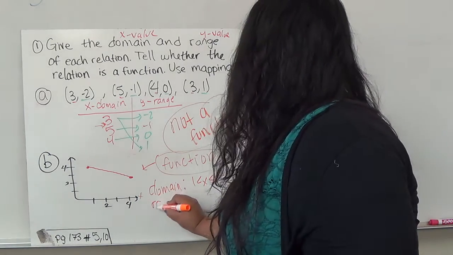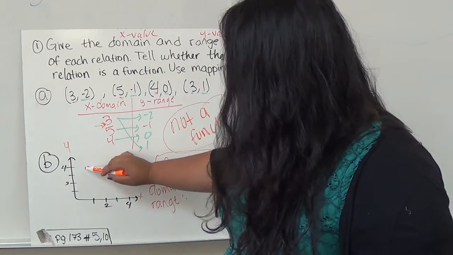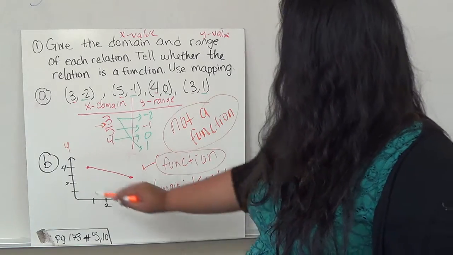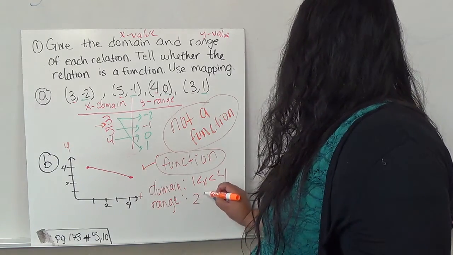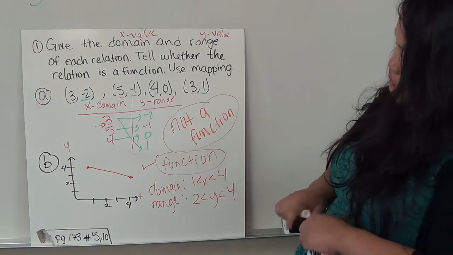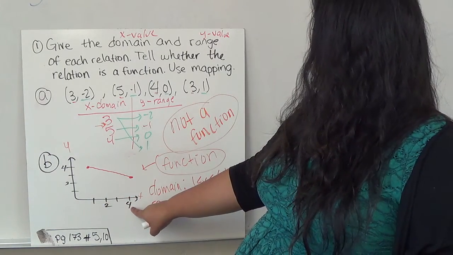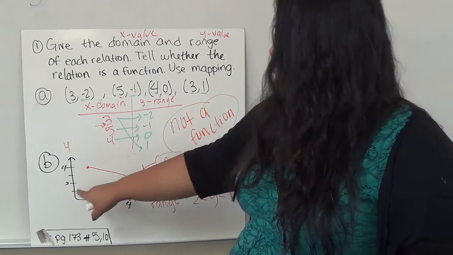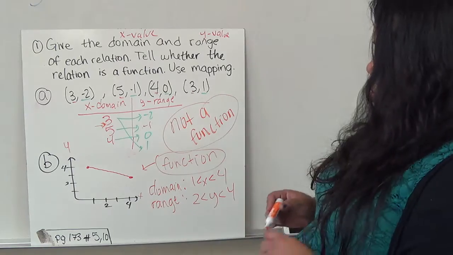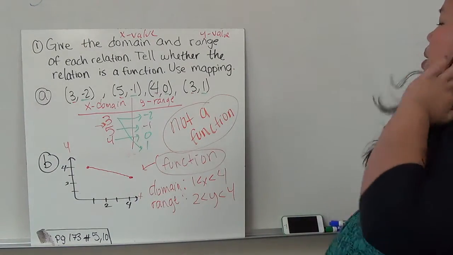The range is the y. It's between 2 and 4. So let me explain. This is telling me that the smallest x gets is 1, and the highest x gets is 4. And this is telling me that the lowest y gets is 2, and the highest y gets is 4. Okay? So that's how I write the domain and range.